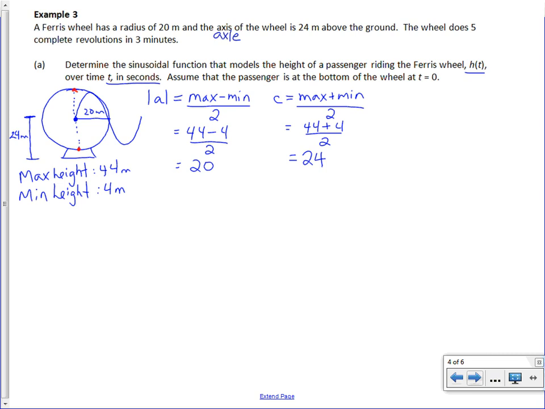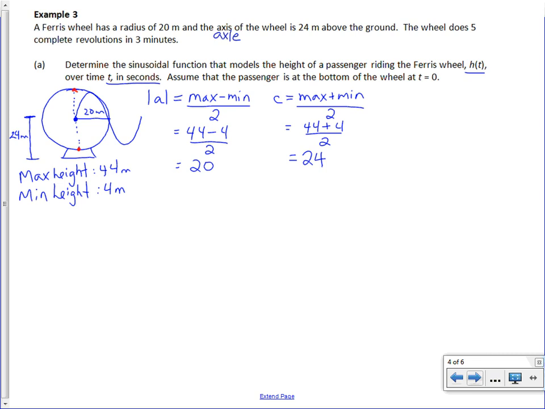Again, remember, C is the equation of the sinusoidal axis. So does it make sense that the axle, or the line that you rotate around, will also be where the middle of the wheel is? So if you know that, you could just go C equals 24, height of axle above ground. You can just go right to those two numbers if you recognize that from a wheel question.